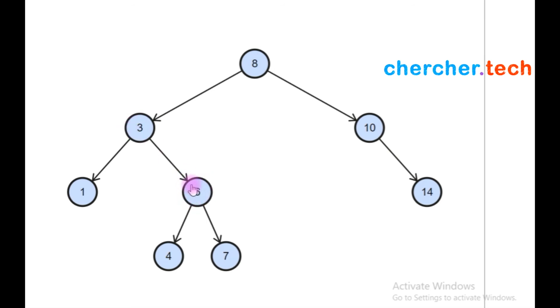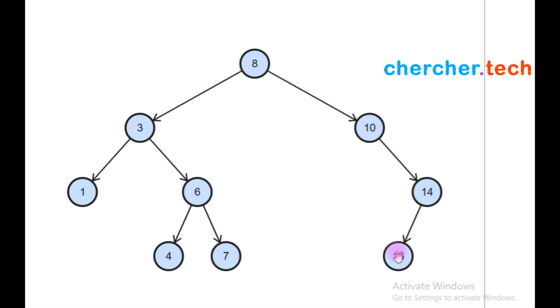When we compare with the last node, it is greater than 6, so it goes to the right. If I insert another value which is more than 8, it should go on the right. For example, I'm inserting 13. 13 is greater than or equal to 8 and greater than or equal to 10, but when I compare 13 with 14, it is lesser, so it goes to the left.